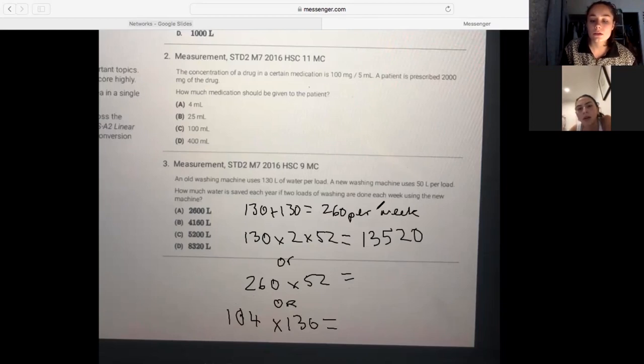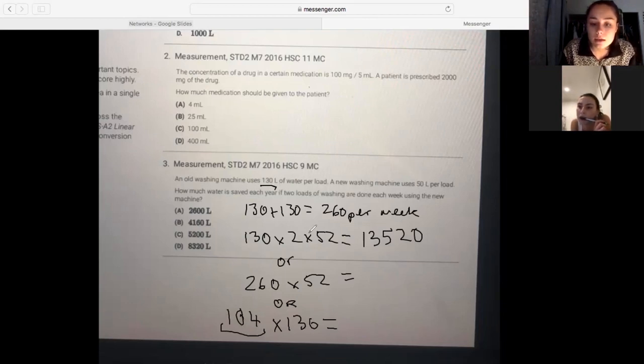Wait, what? So doing the 2 loads per week, that's what you did for the year, 2 times 52 to get 104. Yeah. And you only have to use 130 liters per load. So that's how many loads you'll do in a year, 104. I thought it was 2 loads per week. Yeah.